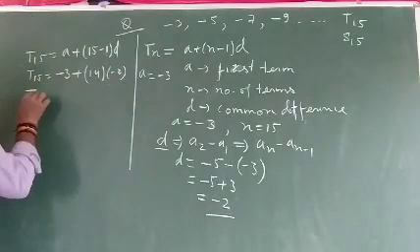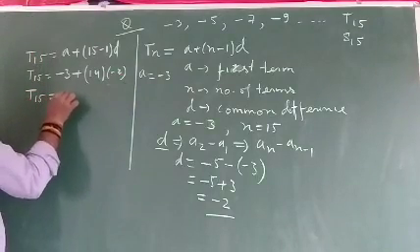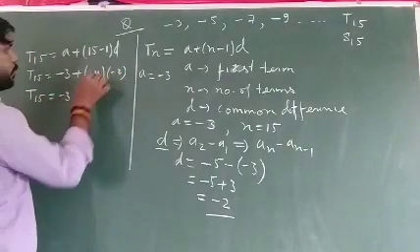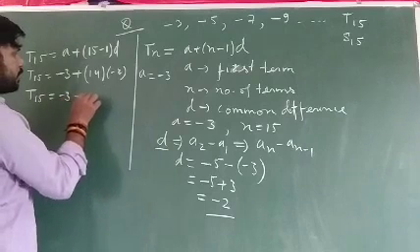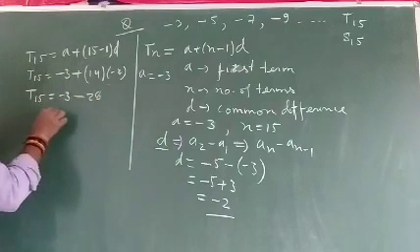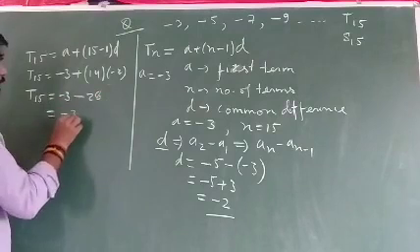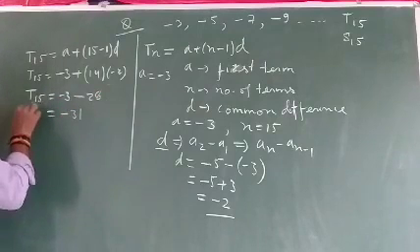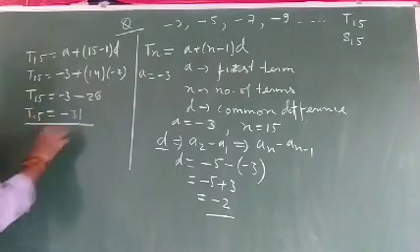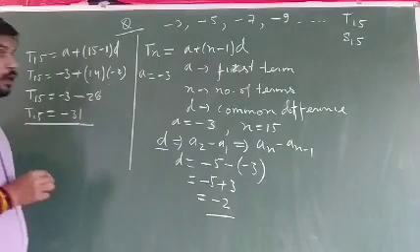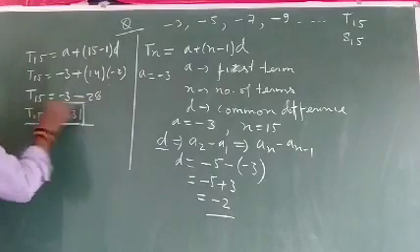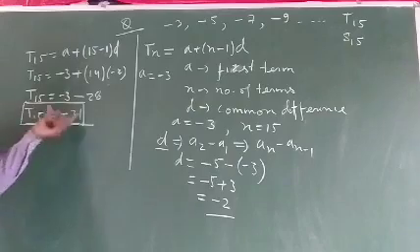Now solving, T15 equals -3 plus (-2) into 14, that is -28 and -3, so you will get -30. So T15 equals -30.